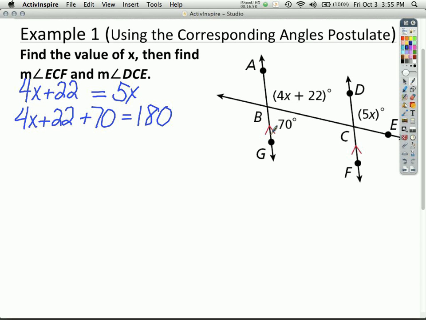Giamara? 5x plus 70 equals 180. Boy, I don't see that at all. Could you talk me through the reasons for that? Okay.